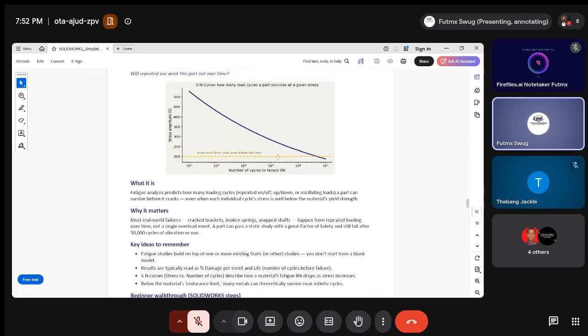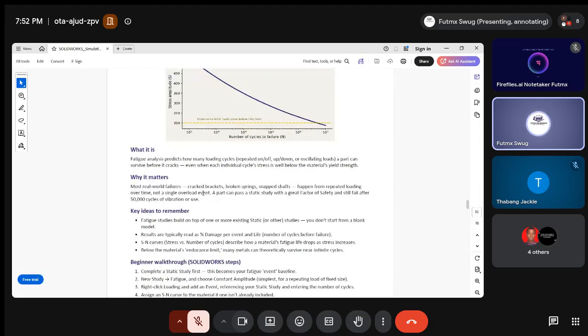That means on your static study, the part is not breaking, it's not yielding. But then how long can I keep applying this particular load before this part breaks or before it cracks? So that's where your fatigue analysis comes into play.